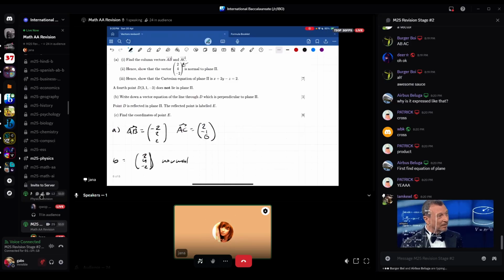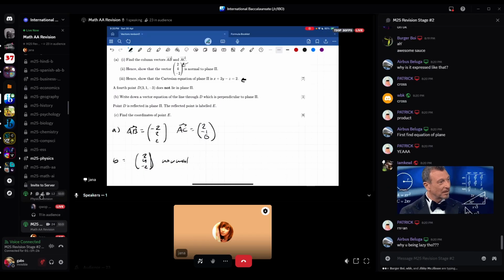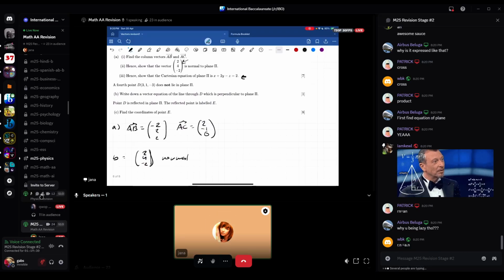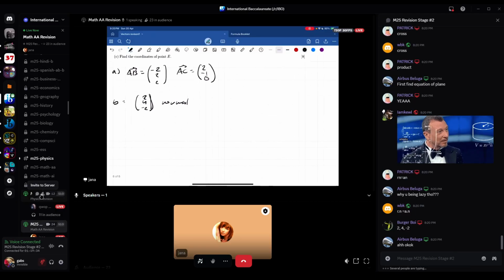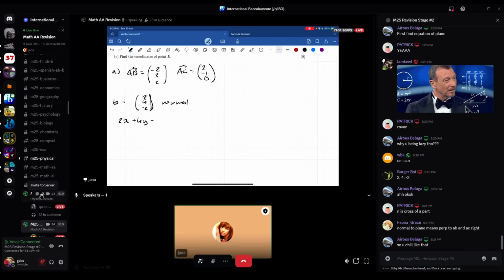Hence, show that the Cartesian equation of the plane is this. So what do we have to do? I'm not being lazy, I'm saving time so you guys don't have to sit here for 2 hours. Exactly. So 2x plus 4y minus 2z, well, actually, I'm going to make this simpler.